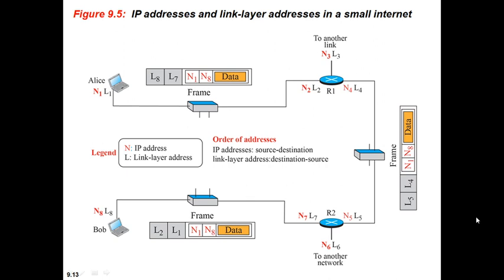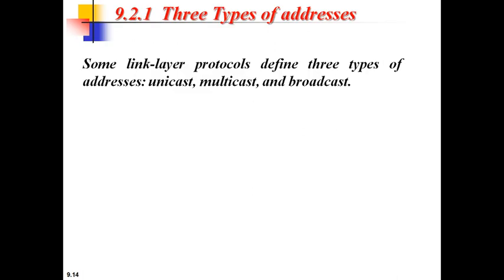For link layer addresses, the destination address comes before the source. The datagrams and frames are designed in such a way. Here, Alice, the source, may not know the destination link layer address. That can be found using the address resolution protocol, which we will study in the next session.